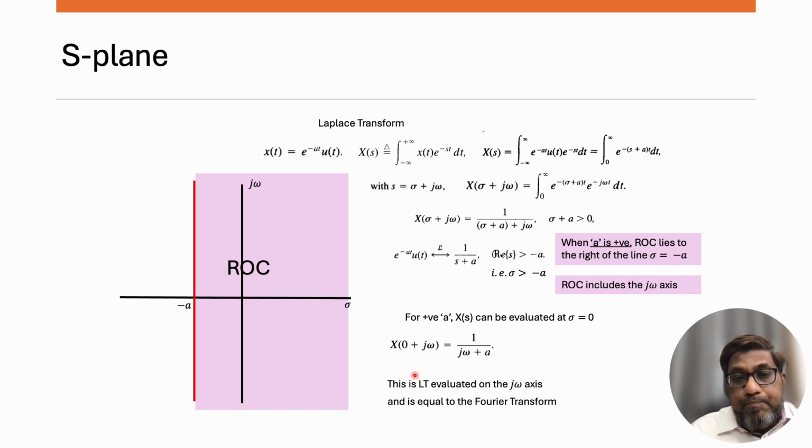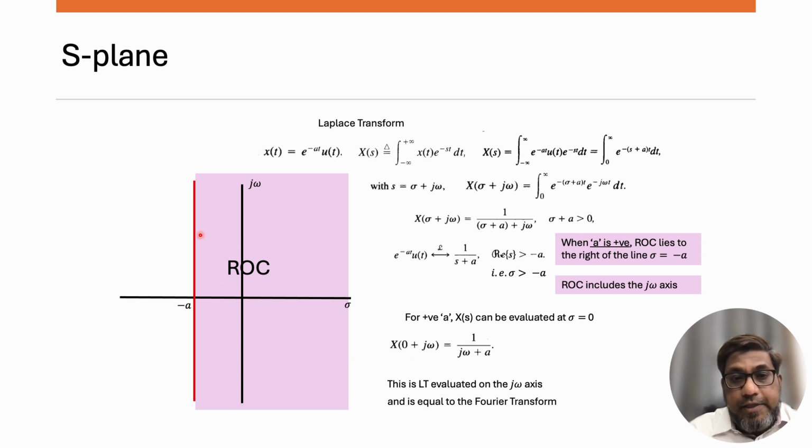Because if you look at another video that I made earlier relating the Laplace transform and the Fourier transform, you'll notice that the Laplace transform, when evaluated on the j omega axis, gives us the Fourier transform.